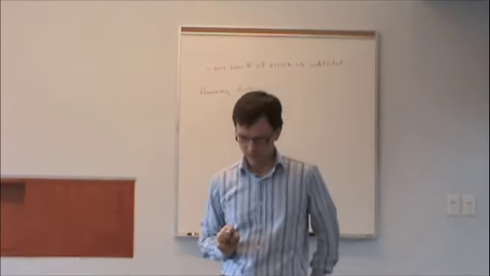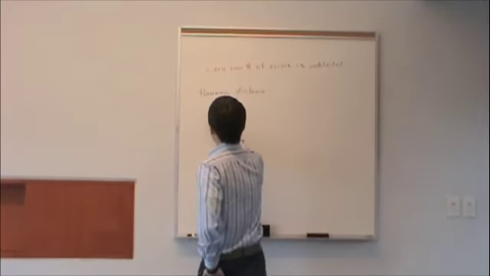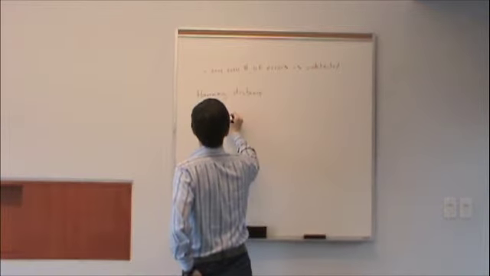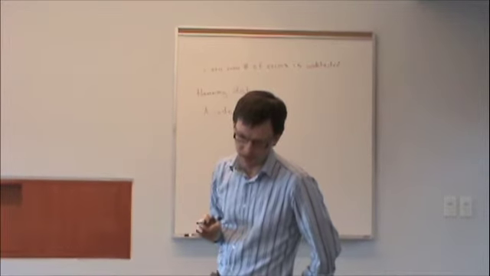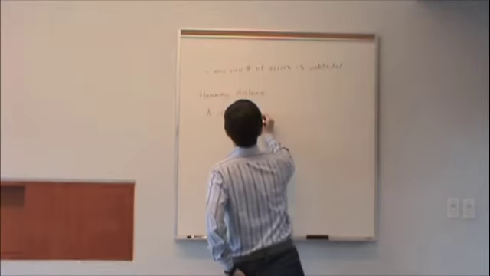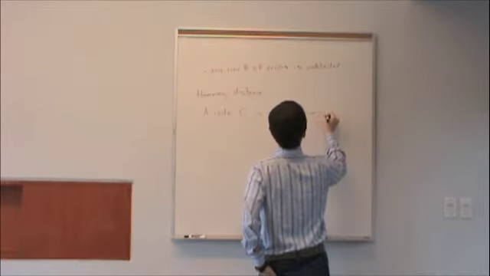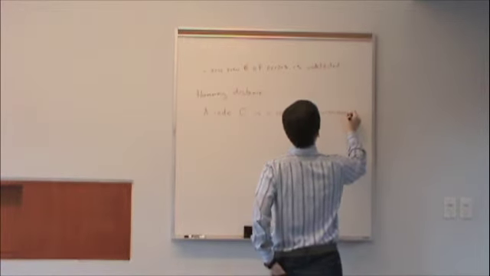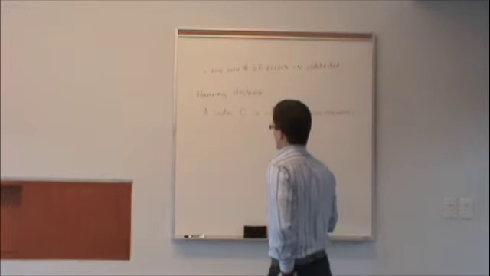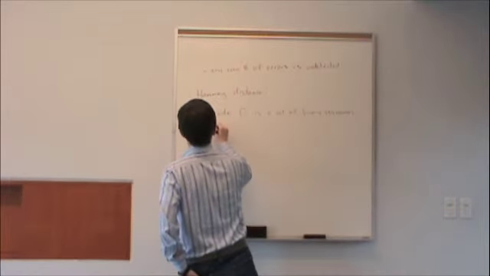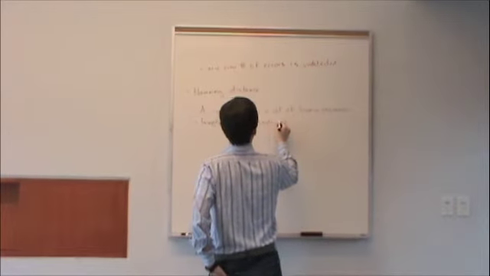So let's start being a little more formal now. A code, C, is a set of binary sequences. I'm going to say that the length of that code is implicit, let's call it n. The length of the code is n.